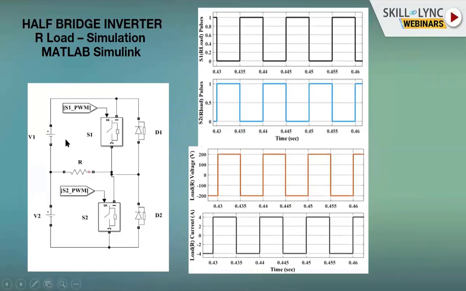For example, the same circuit which has V1, V2 with the resistance R, instead of a MOSFET, I have used an ideal switch. Why? Because this is applicable for any type of load. So when the switching pulse is given, the switch is connected, or else it remains in the off condition, and an anti-parallel diode is placed. I have not explained the working of the diode here. We will see its importance in the next slide with an RL load.